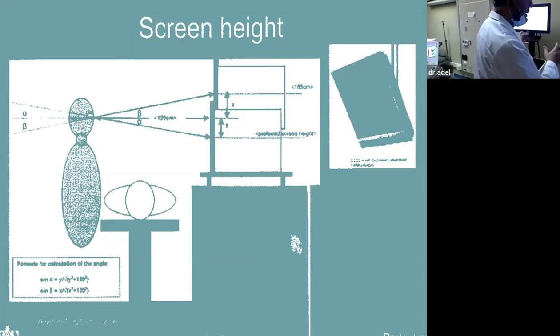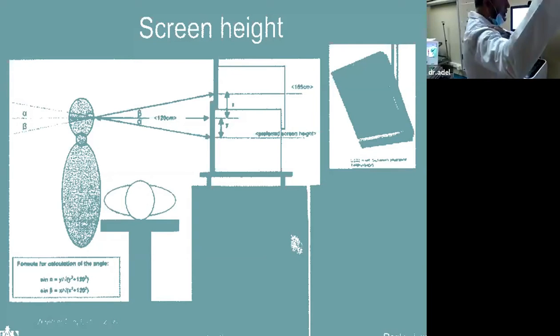If I put a screen, I want to do, for example, laparoscopy. So I put the screen on the right shoulder, okay?